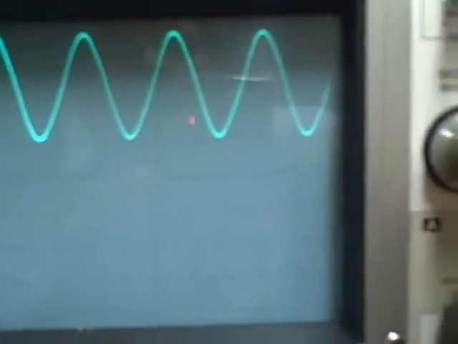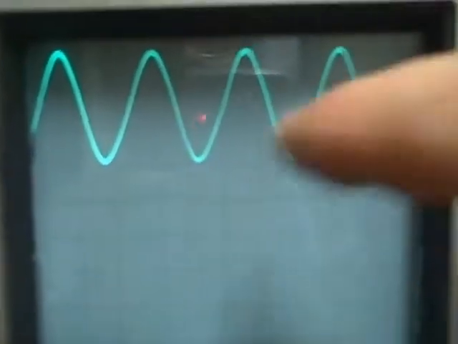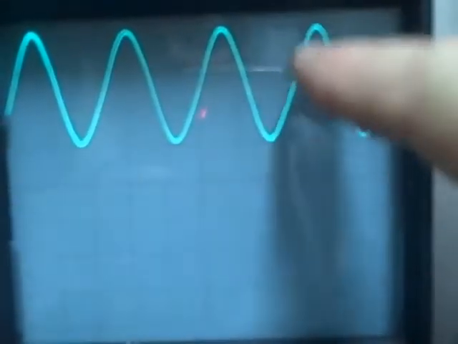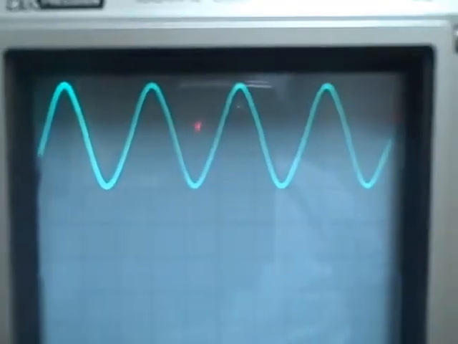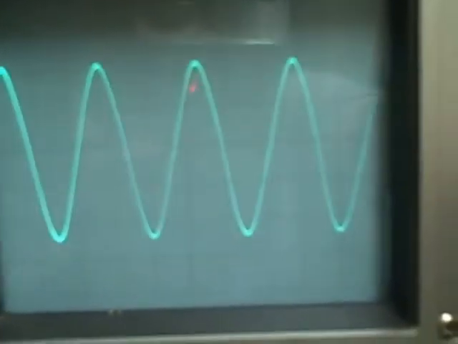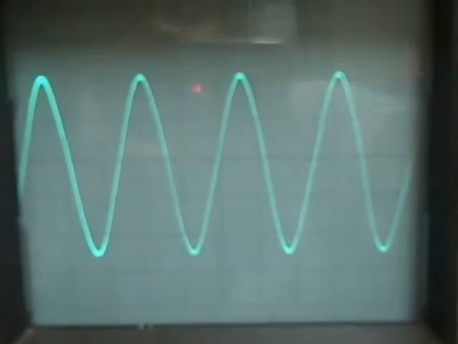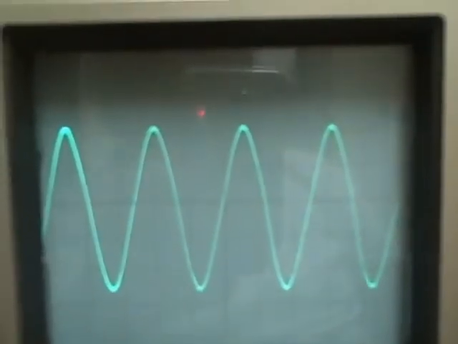It raised it up above the DC line, and it's up on the top of the screen now. There we go. If I bring it back to where it was, then you'll see that it's centered on the screen. Okay, and I can go below the line too.